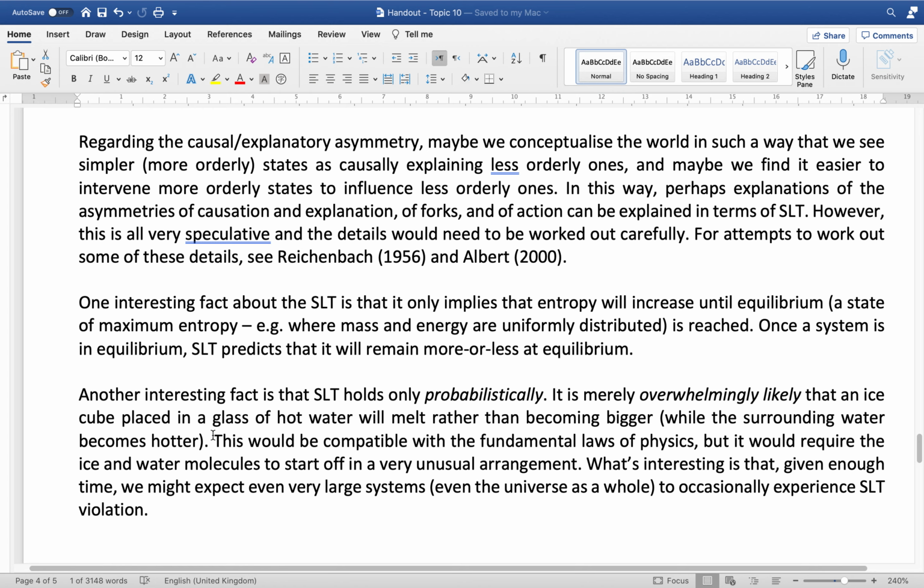What about the causal and explanatory asymmetry? Well, it's been suggested that maybe we conceptualize the world in such a way that we see simpler or more orderly states as causally explaining less orderly ones. And when it comes to the asymmetry of influence, maybe we find it easier to intervene on more ordered states than less ordered states.